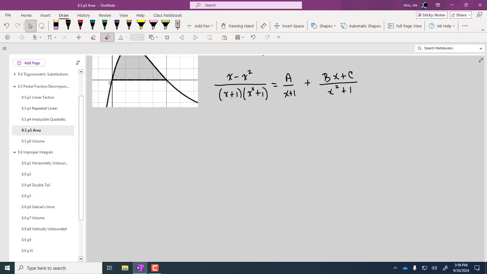And this should be a BX, right? I agree with that. The B, right? Because this is all being FOILed, right? So BX times that, and then BX times 1. So something's there. And this CX, yeah.